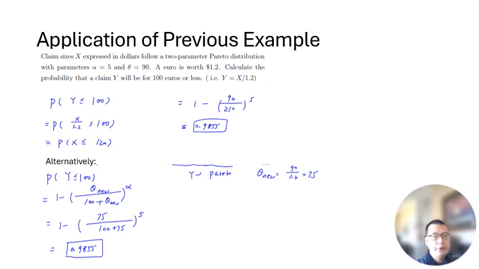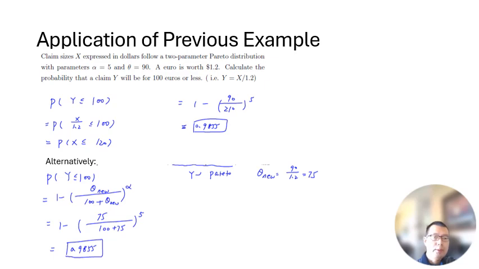Further, if we want to apply this concept to a real-life example, here is the example. Claim size X expressed in dollars follows a two-parameter Pareto distribution with parameters alpha equal to 5 and theta equal to 90. A euro is worth $1.2.